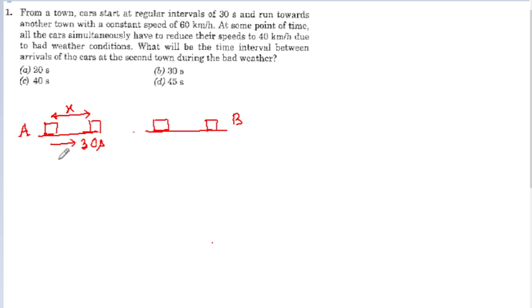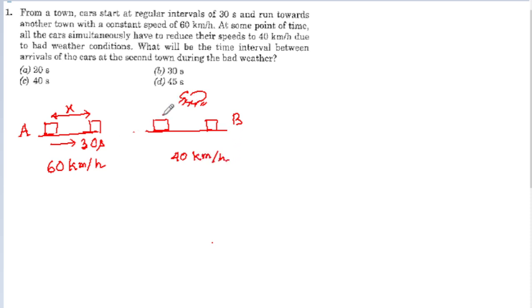So first it is mentioned in our question, in good weather the speed of each car was 60 kilometer per hour, and when the bad weather starts, at this time the speed reduces to 40 kilometer per hour.